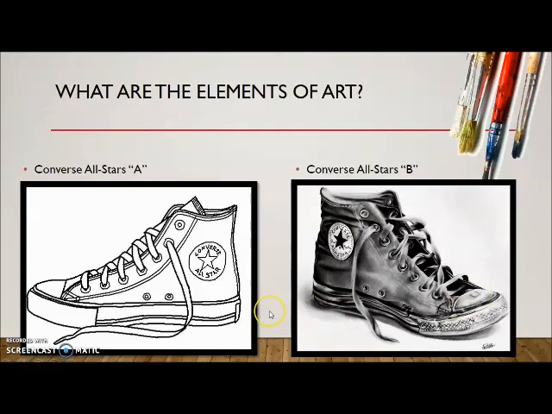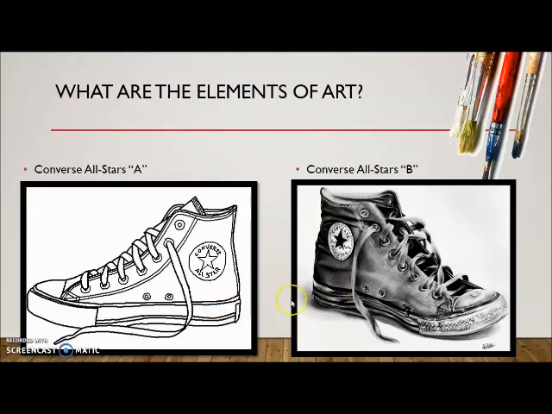The quality of line, or the element of line, is a common element used in both of the drawings, as well as shape, like the star and the circle for the Converse All-Star logo. Form: these two shoes, although very different, look very three-dimensional.